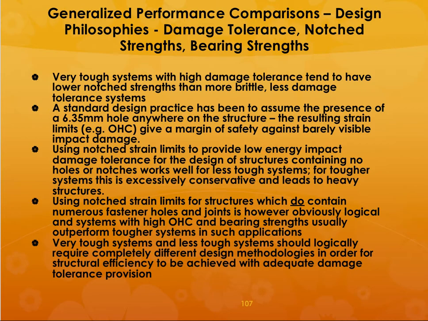So if your standard design practice is for a 6.35 millimeter hole, you may have to use it for a smaller hole. Or if you have notch strain, you may need to use a lower notch strength than for more brittle, less damage tolerant systems.